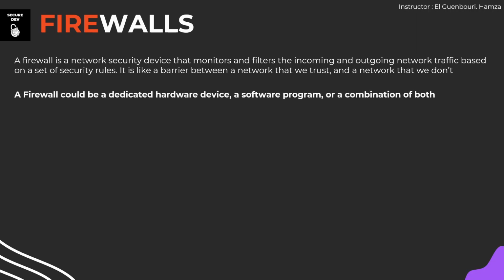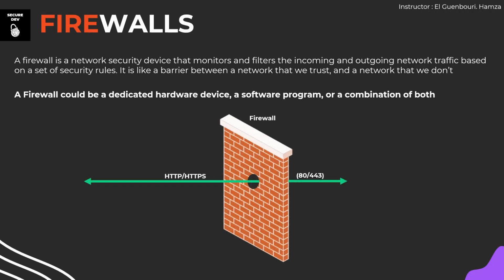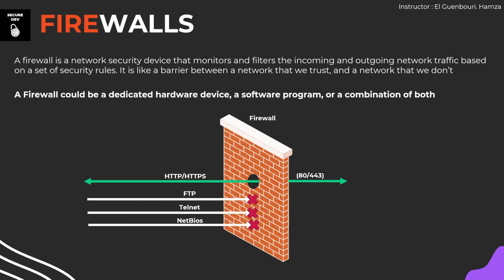And firewalls can be a dedicated hardware device, a software program, or often a combination of both. And as shown in the diagram, the firewall is blocking requests from certain protocols such as FTP, Telnet, and NetBIOS, while allowing HTTP and HTTPS requests to pass through.